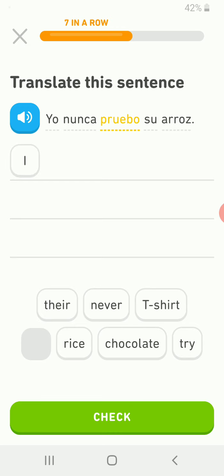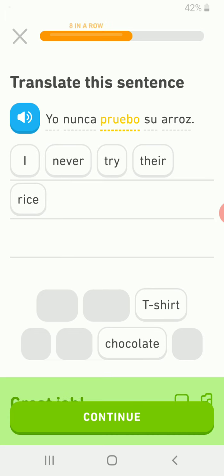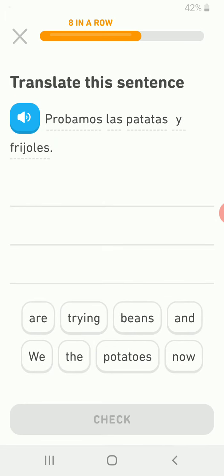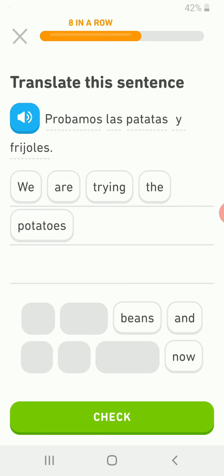So su can be for many different possessive adjectives. So I never try the rice. Probamos las patatas y frijoles, or beans. So we are trying the potatoes and the beans.